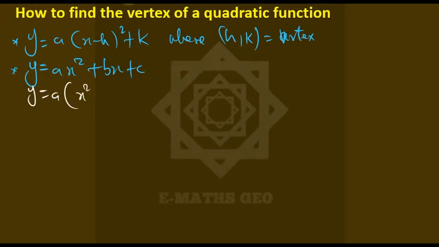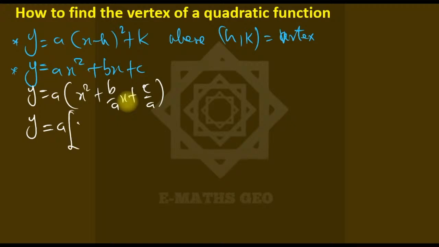So I have a times x squared plus b over a x plus c over a. So we are still correct. Now, I need to make this one a perfect square. Yes, this is a quadratic expression now, if you remember, ax squared plus bx. So let's focus on this.